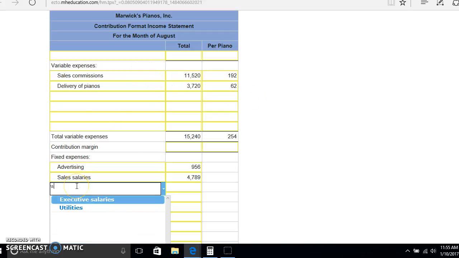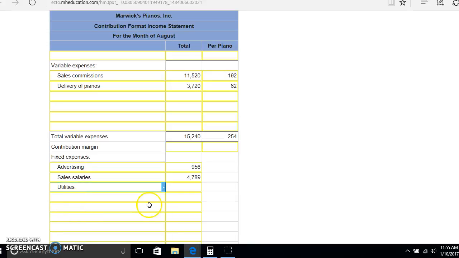All right, so the next one is utilities. And I want to talk about this one for a second. Utilities, in this case, is going to be a fixed expense. The funny thing is that this can be considered what's called a mixed expense. If you make no pianos, you're going to have a base utility cost just to keep the place heated or lighted.